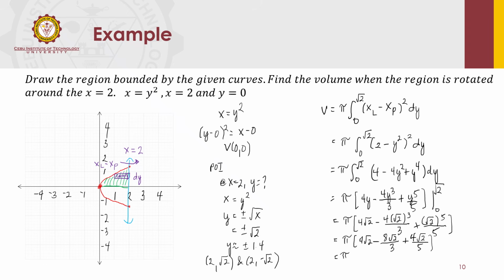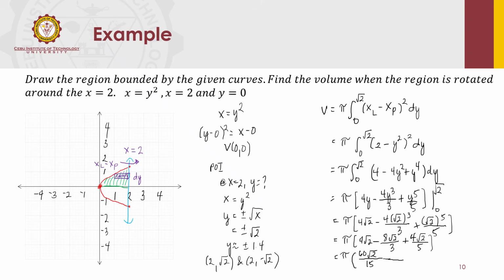These are similar terms. They contain square root of 2, so let's combine them. We get the LCD, which is 15. So 15 divided by 1 times 4 square root of 2 is 60 square root of 2. You can also factor out square root of 2 so that you don't have to write it 3 times. Minus for the second term, that's 15 divided by 3 or 5 times 8, so that's 40 square root of 2 over 15.